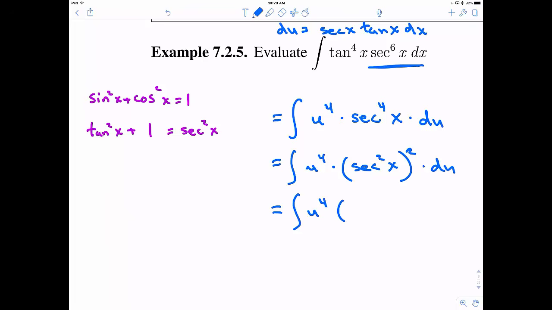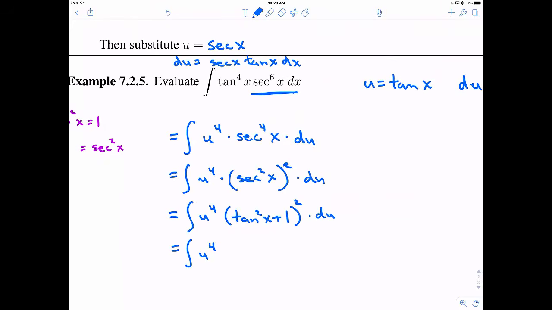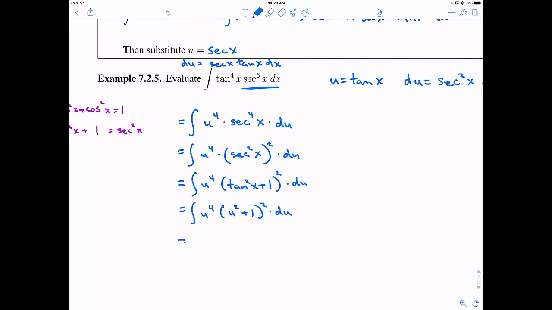So u to the fourth times tangent squared x plus 1, that quantity squared, times du. Tangent was the same thing as u, so I can write this as u squared plus 1 quantity squared times du.